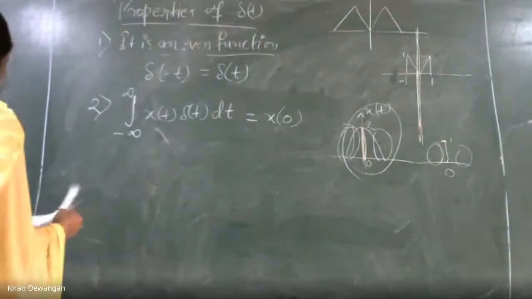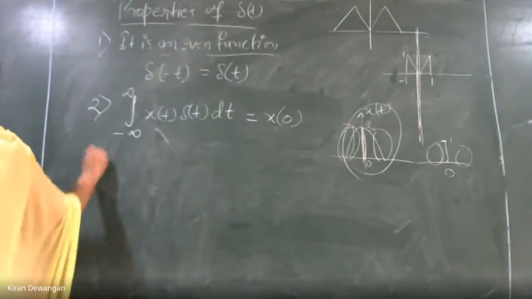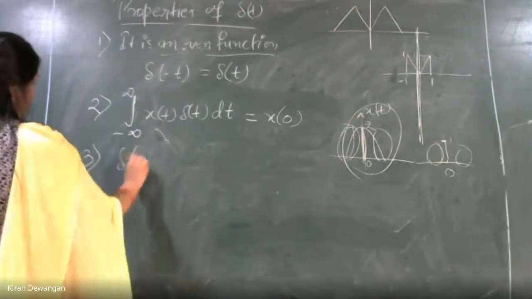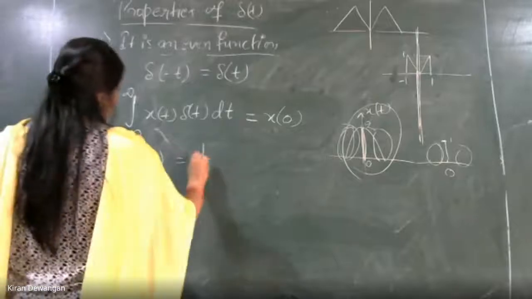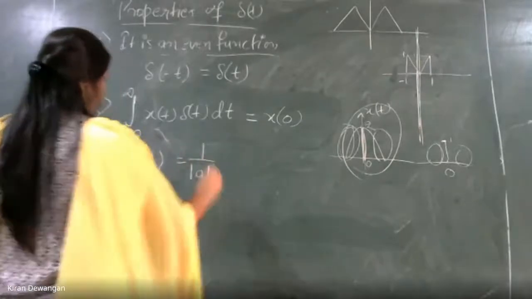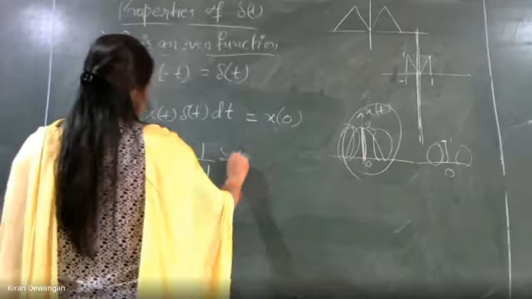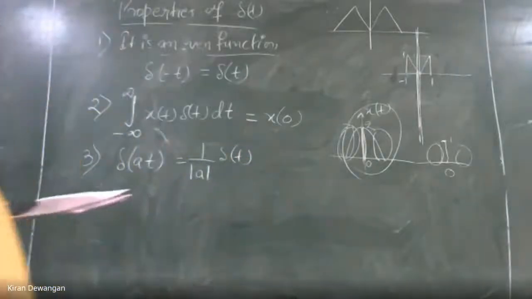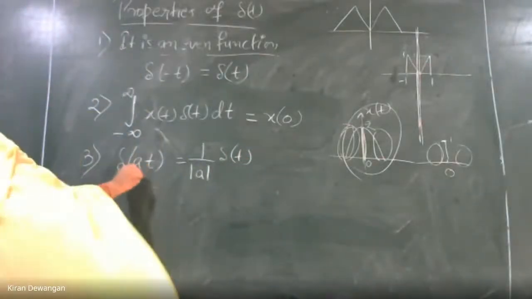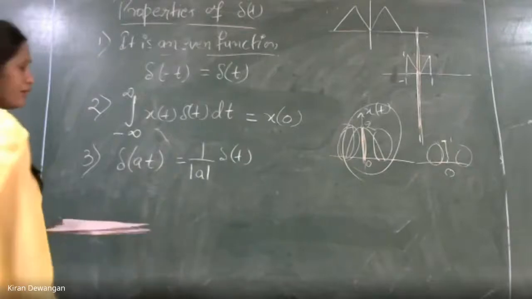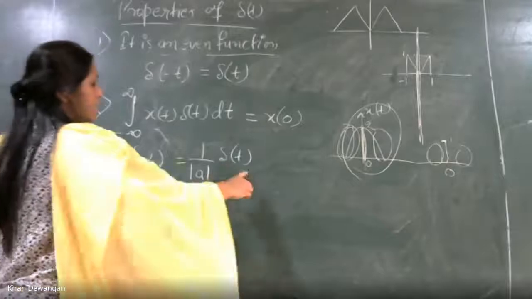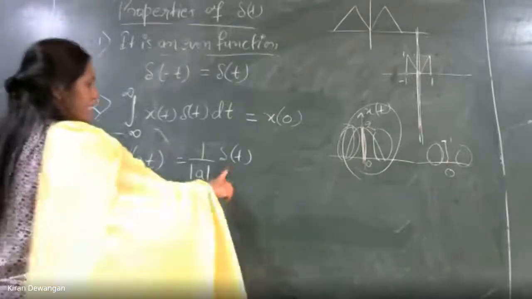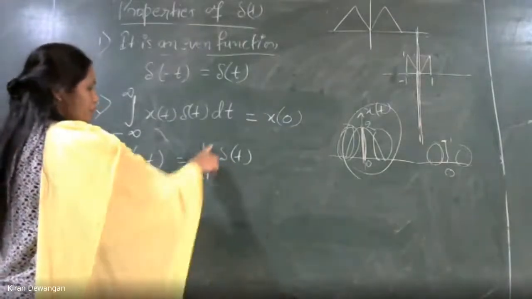Now going to the third property, del of at will be equal to 1 by mod a del t. Del of at, here we have multiplied a with t, that will be equal to 1 by mod a del t. Okay? This del t gets multiplied by 1 by mod a.